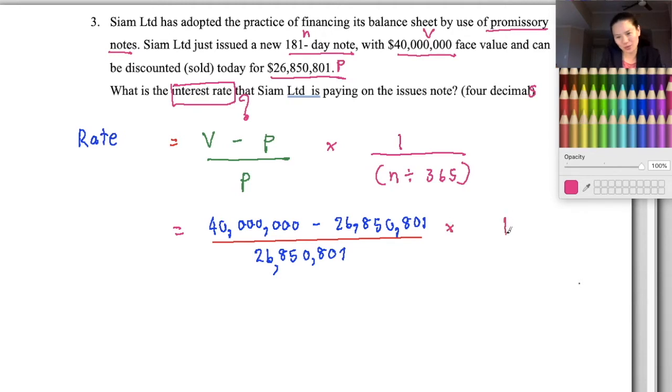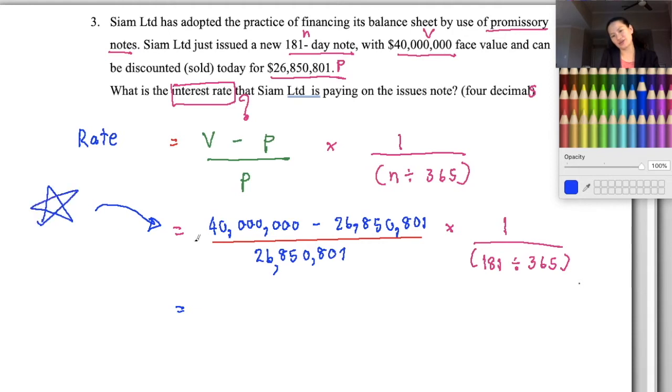Okay, multiply with 1 over n, 181 divided by 365, and I'm going to use my calculator again. That one is important. I give you star. You have to write down all the numbers.